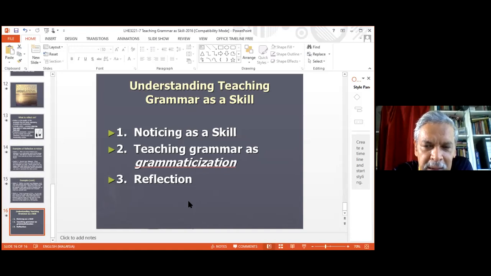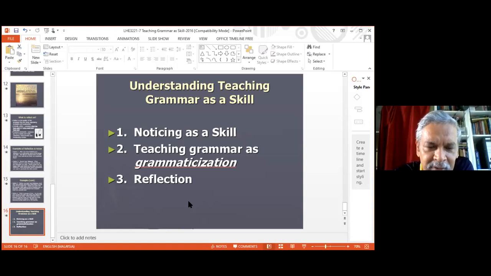And teaching grammar as grammaticization: once again, we want to help develop the skill of using grammar to link up words. People may have a lot of vocabulary, but we want to link it up using grammar and at the same time express the appropriate, intended meaning.